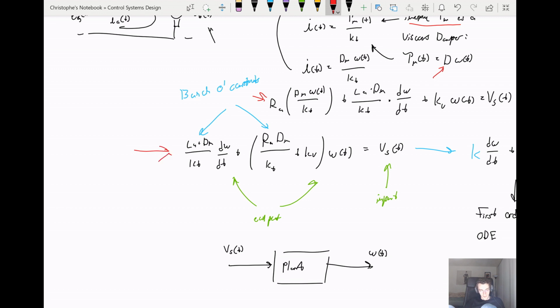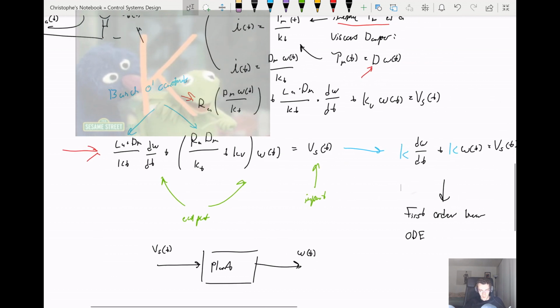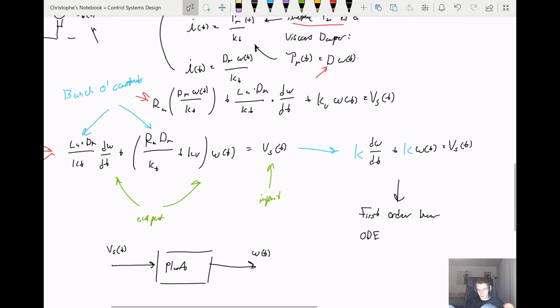So this LA, this DM, KT, RA, KV, those are all just constants, and we do what all good engineers do, which is we represent them as just big constant blocks. Now I know these two constants are different, but for the sake of this, we're just going to look at the overall structure of this equation.